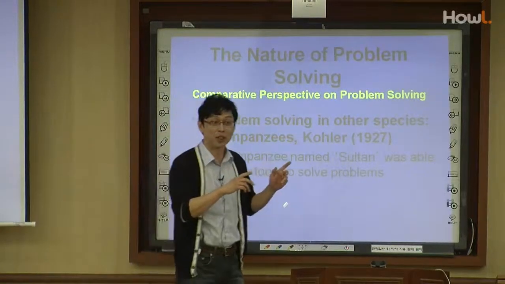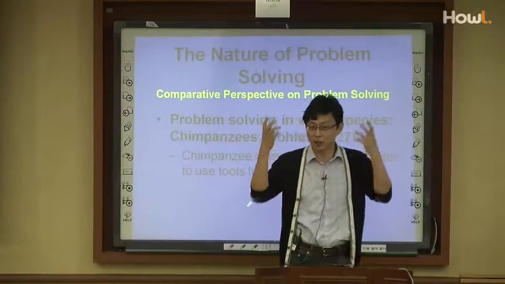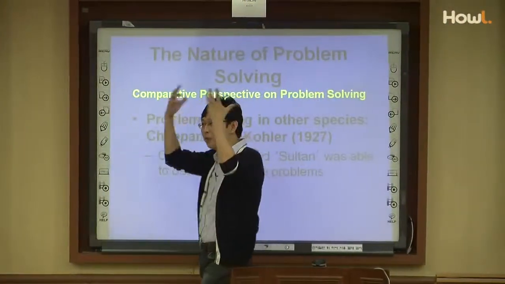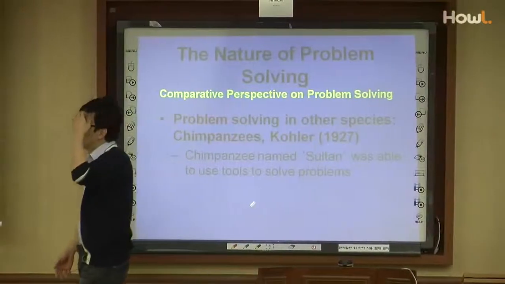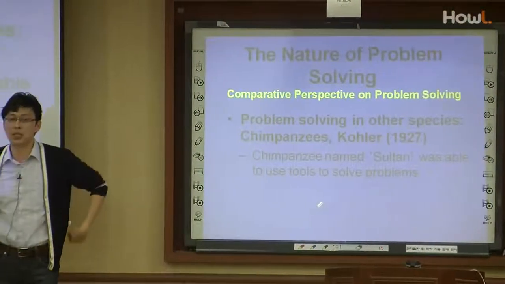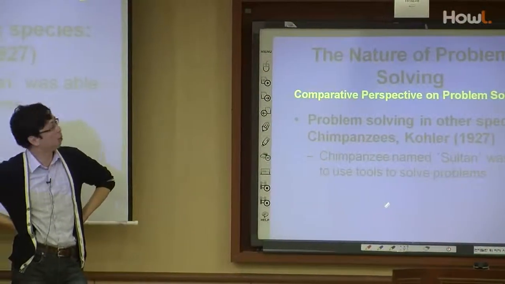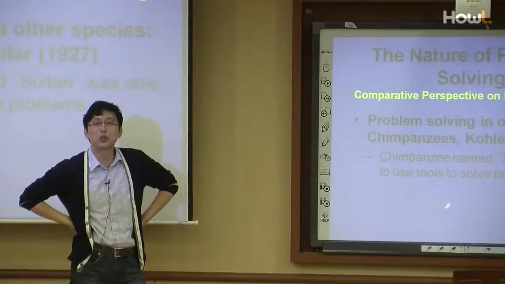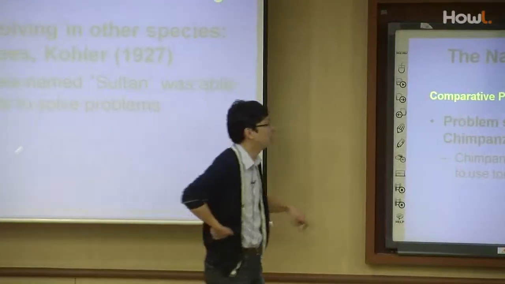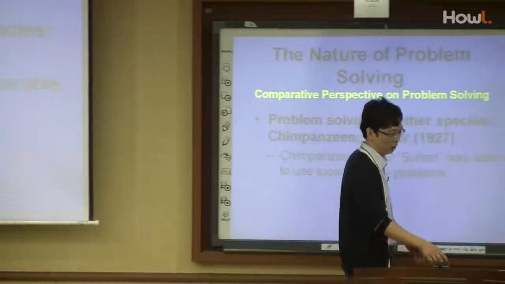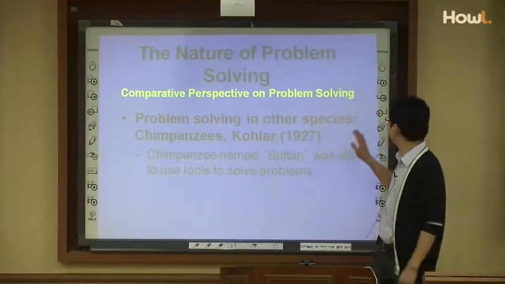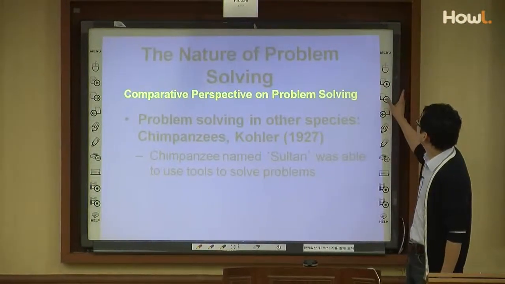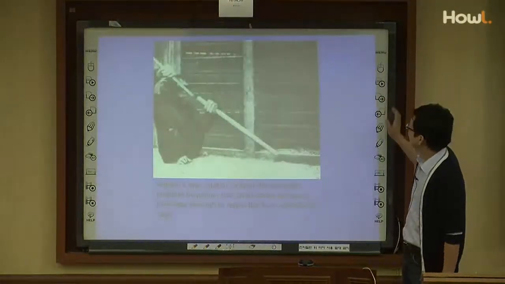The latest one. In that movie, chimpanzees use drugs to improve their knowledge. But actually, real chimpanzees do some problem solving. His name is Sultan. The picture is like this. That is Sultan.